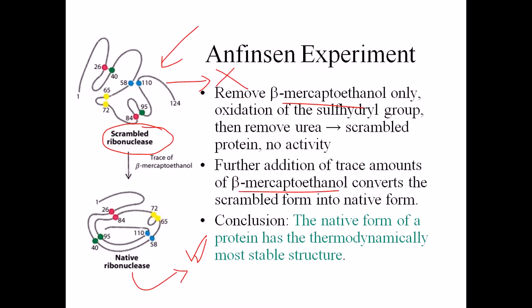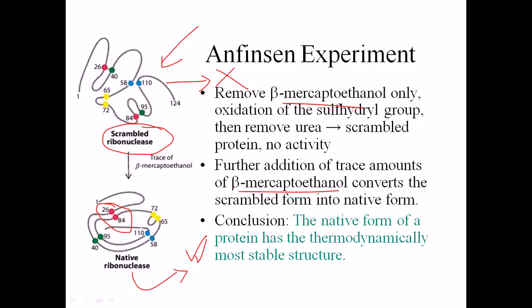Now you can see in this picture, this enzyme after the removal of the beta mercaptoethanol can have disulfide bonds, but the disulfide bonds form between 26 and 40 and 84 and 95, and those give rise to a less effective enzyme, without any activity. But if we add beta mercaptoethanol, then we remove all these things, then we remove urea, and then we are having again disruption of these disulfide linkages, and the right disulfide linkages actually formed.